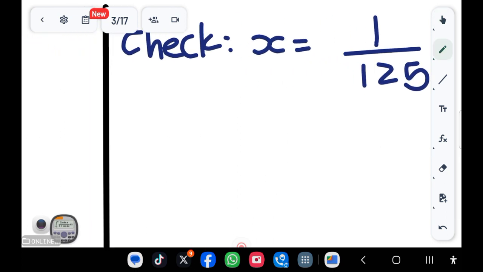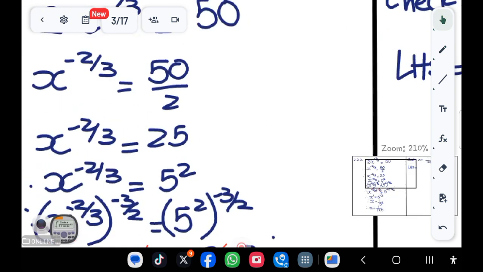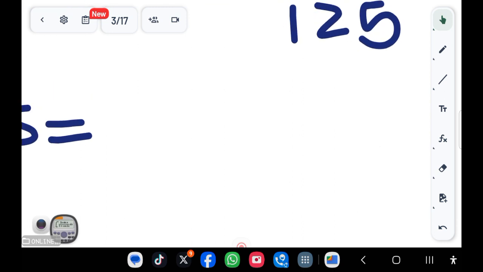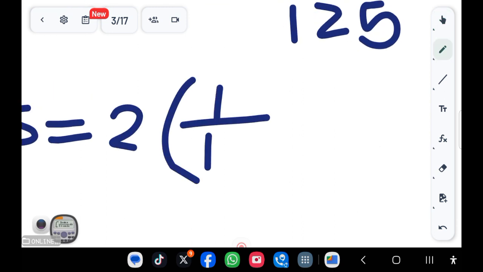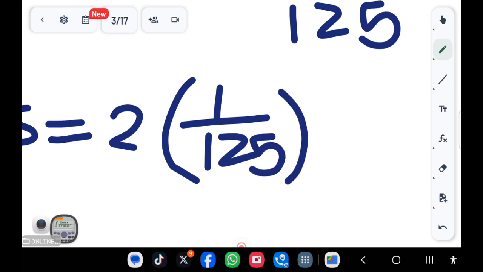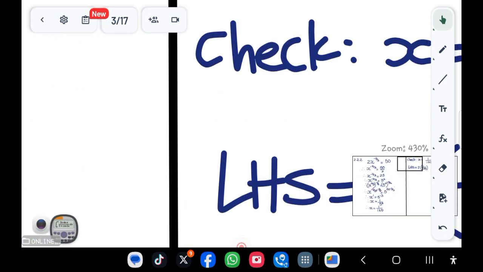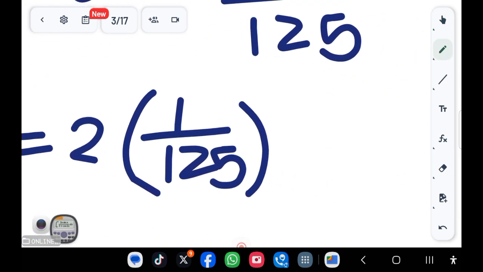We go to the left hand side. We substitute this back into the original, that is 2. Wherever there is x, we put 1 over 125. So 2 in brackets, 1 over 125, all to the power of negative 2 over 3.